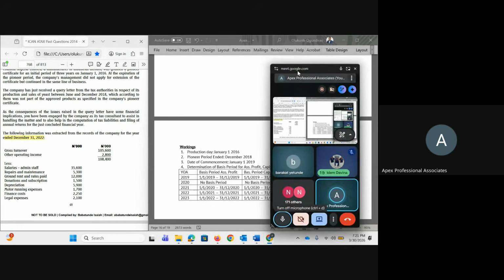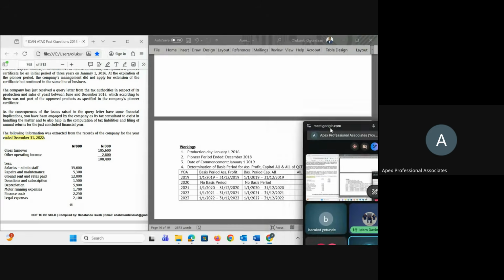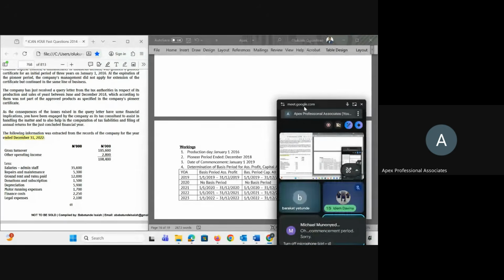We had a full class discussion on basis period. That's why I was saying that this class actually is hinged on your understanding of basis period. When we were on basis period, I said I doubt you'll be able to do number one correctly if you don't know basis period. That's what is playing out here. For number one you have to know basis period, capital allowance, and loss relief very well.